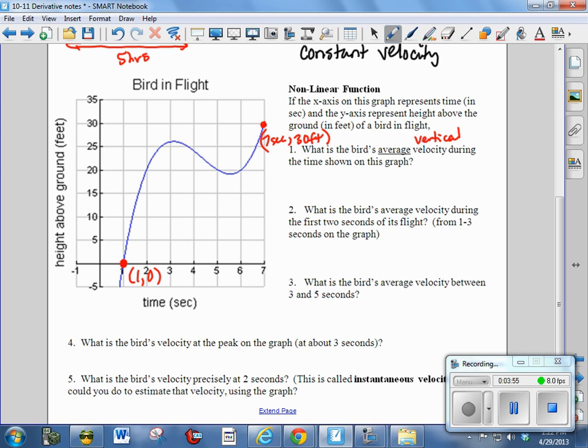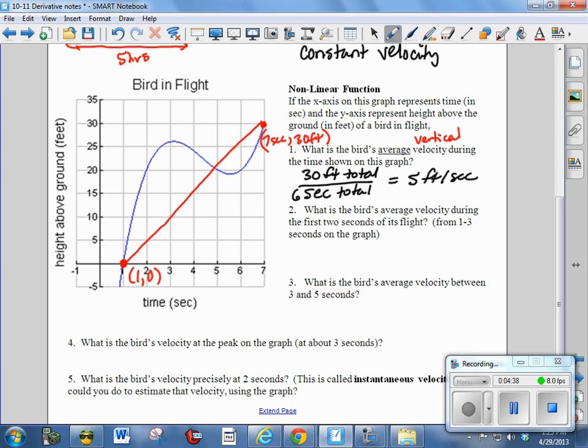So the average velocity would just be the velocity of the line between these 2 points. If we imagine straightening it out, over that 6 second period from 1 second to 7 seconds we traveled 30 feet total, so we're just looking at 30 feet divided by 6 seconds. 30 feet total divided by 6 seconds total gives us 5 feet per second as the average velocity.